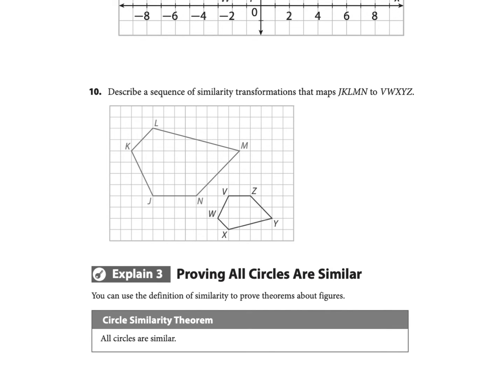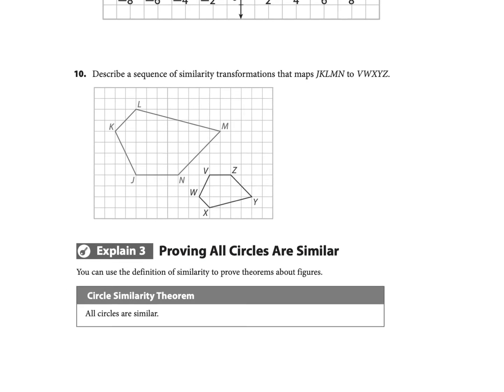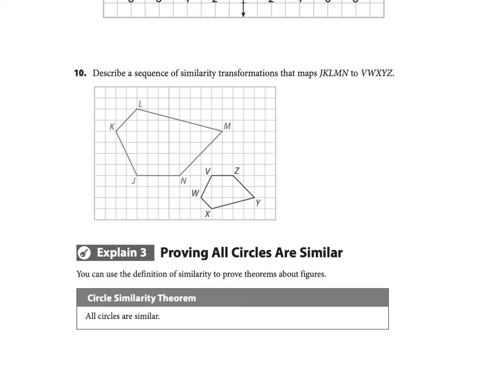Let's look at this one and make sure. I want to make sure it wasn't rotating it around a point. I don't think it is. So JKLMN starts off. So we know it's going to be a reduction, right?